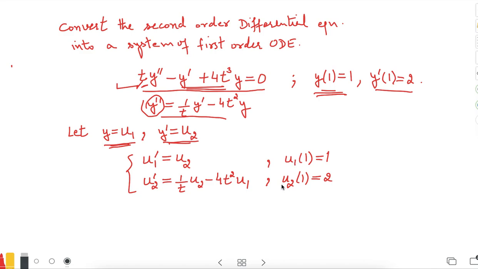Now this system of equations can also be easily written in matrix form. If you consider that your dependent variables create a vector, say the u vector is a set of dependent variables u1 and u2 in this case, then the derivative of this vector, du by dt, is the derivative of each of these, so it will be equal to u1 dash and u2 dash.